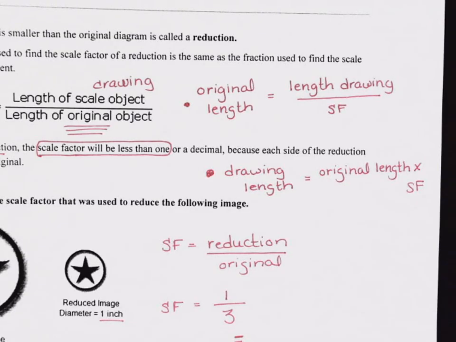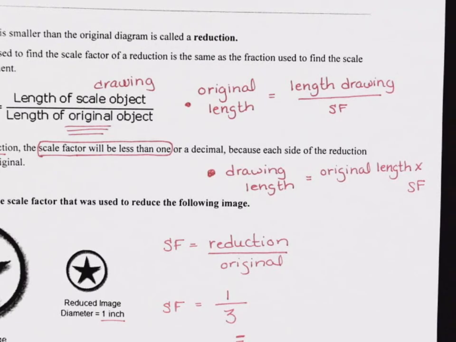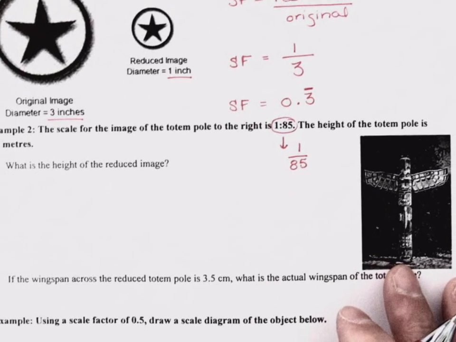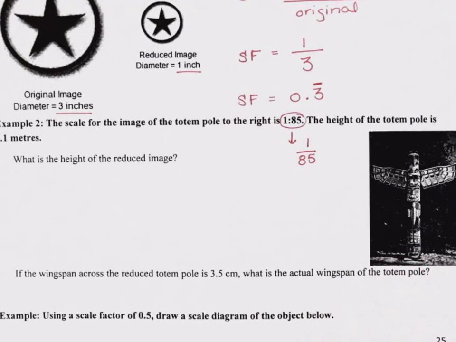All right, so when it's given like this as a ratio, really what it's saying is 1/85. Oops, I didn't slide up for you guys, sorry. Again, if I'm going too fast, I'm in the room by myself, so if I'm going too fast, definitely pause the video if you need to get those formulas copied down.